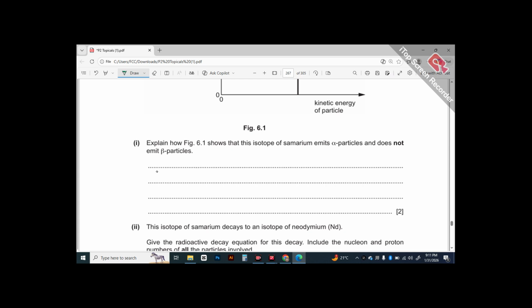So you would mention that the emitted particle has discrete energy like alpha particle.